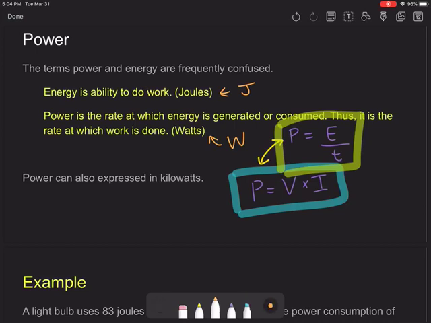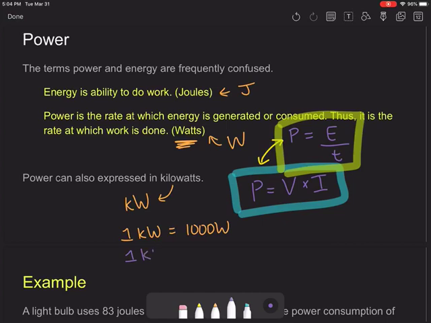Power is very often expressed in watts, but sometimes we see kilowatts. A lowercase k in front of a W represents kilowatts. And 1 kilowatt is the same as 1,000 watts. The way that I remember that is the prefix kilo is similar to kilometer.